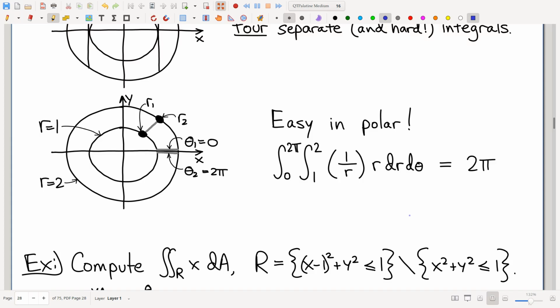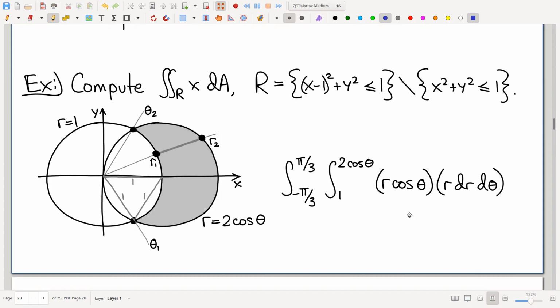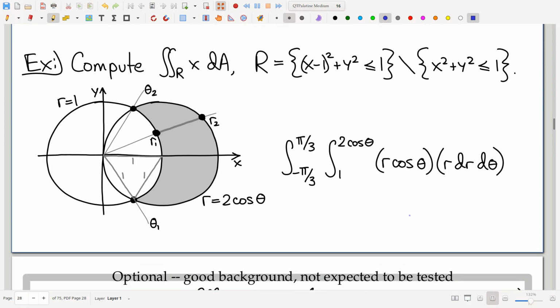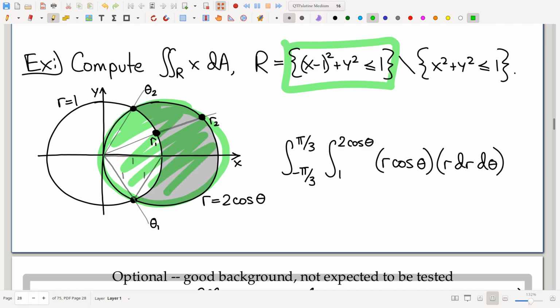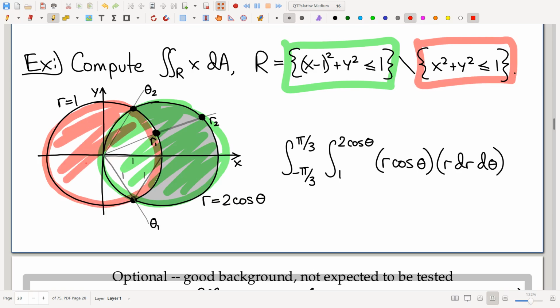Okay, here's a little bit trickier one. Here we're looking at part of one disk that is outside of another disk. Now, I want y'all to take some time to make sure you're comfortable with the suggestion that this is that disk and this is that disk.